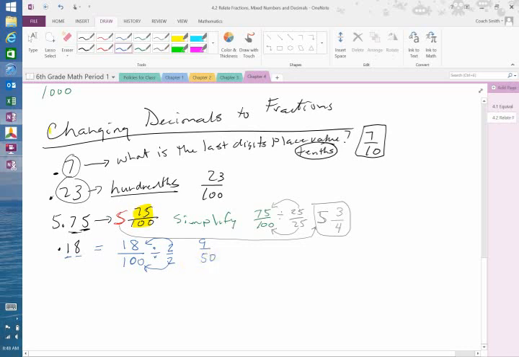Now, I want to check again to make sure I haven't done anything wrong. Are there any common factors between 9 and 50? No, there's not. So I'm done. 9 over 50. Any questions over that?